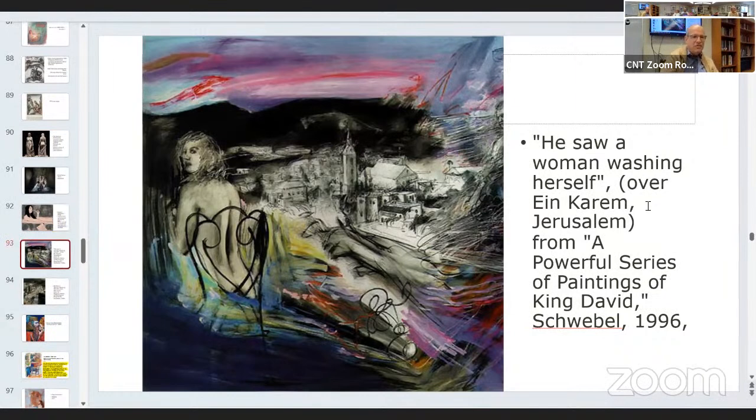Okay, this is very interesting. He has a series. I brought a few because he saw a woman washing herself, while David was on the top of the roof. So here it is over Ein Karim in Jerusalem, where Hadassah Ein Karim is. This is the neighborhood, so he painted her here with that scenery.